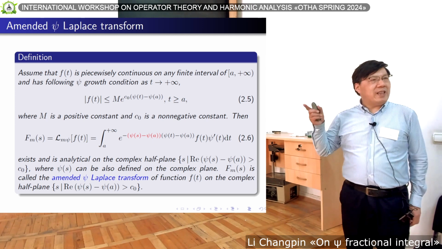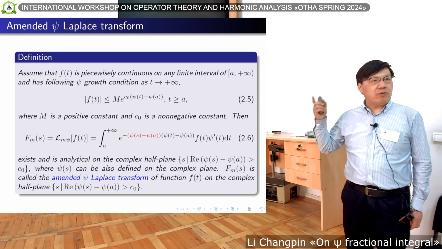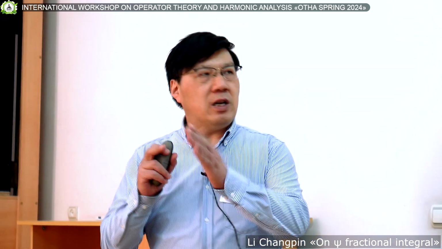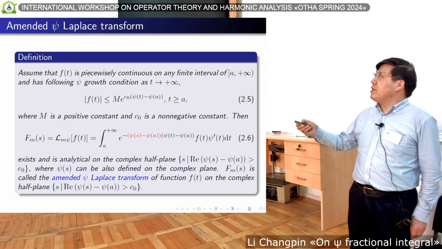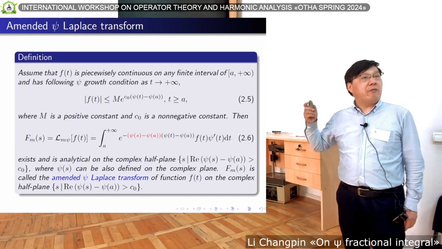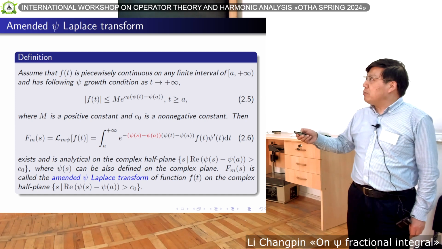We can introduce another kind of Laplace transform. Why do we need to introduce such a transform? We want to derive the relation between the Laplace transform and the Mellin transform. Okay, we need another kind of Laplace transform like this. So we have a condition on f(t). Now we define F_m(s) like this.